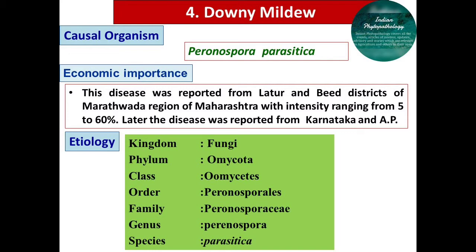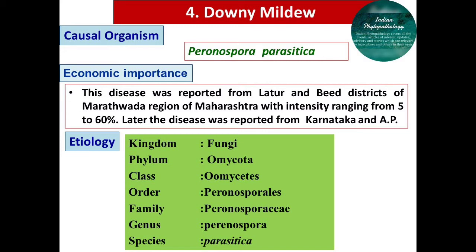This is a very important point, that after the infection, such downy mildew infected plants show sterility. They can't produce seeds, so you can judge the severity of this disease. Local foliar lesions are also shown by this pathogen and are characterized by small angular greenish yellow spots on leaves.